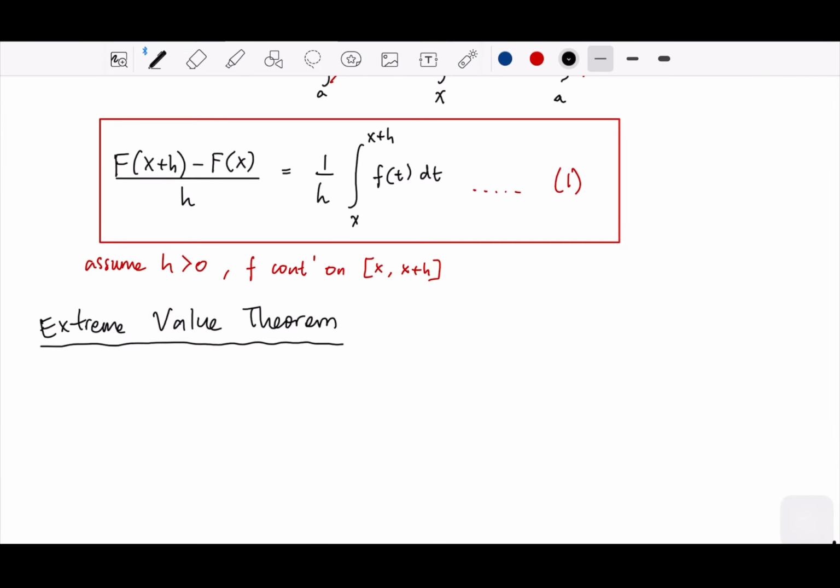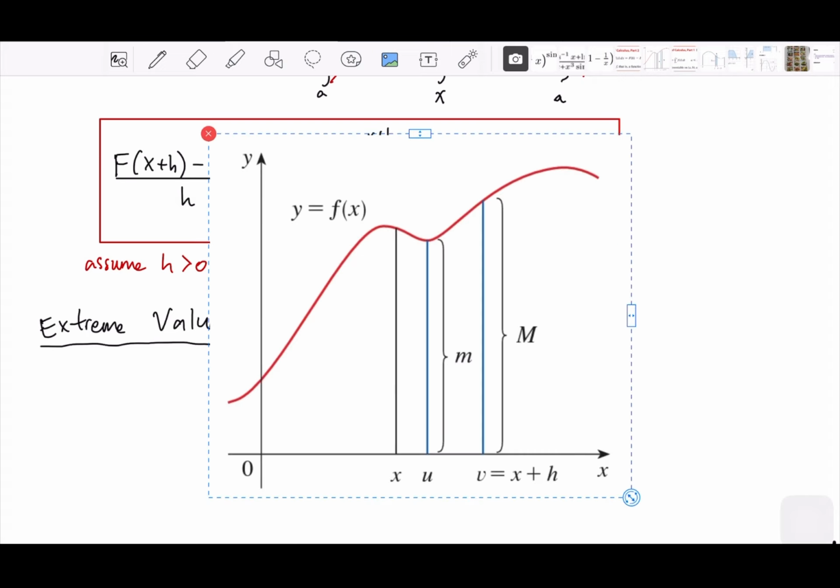Okay, to begin with this theorem, let me put this picture.